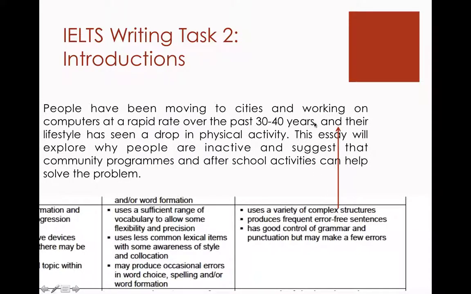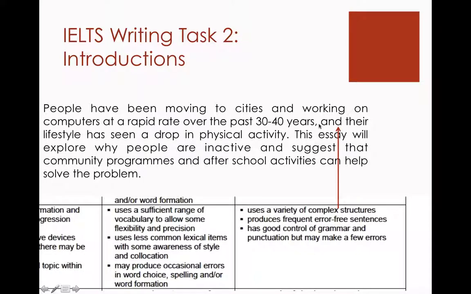So here we have comma and. This is a conjunction. So we have people moving, subject, verb, to cities. We have people moving and working. So this is our subject, verb, object, and then we have comma and subject, their lifestyle, has, verb, and object.